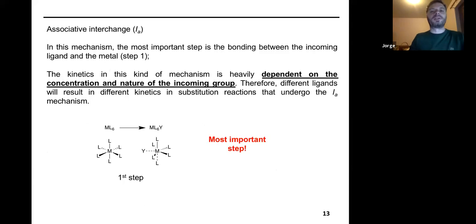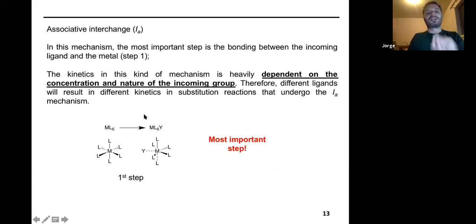Okay, so starting with associative interchange, IA, in this mechanism, the most important step is the bonding between incoming ligand and the metal, or step number 1. So I'm showing you here again. For this mechanism, this is the most important step.